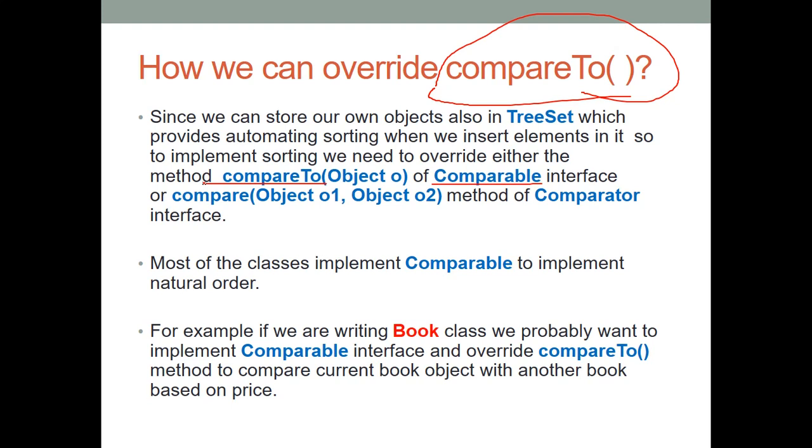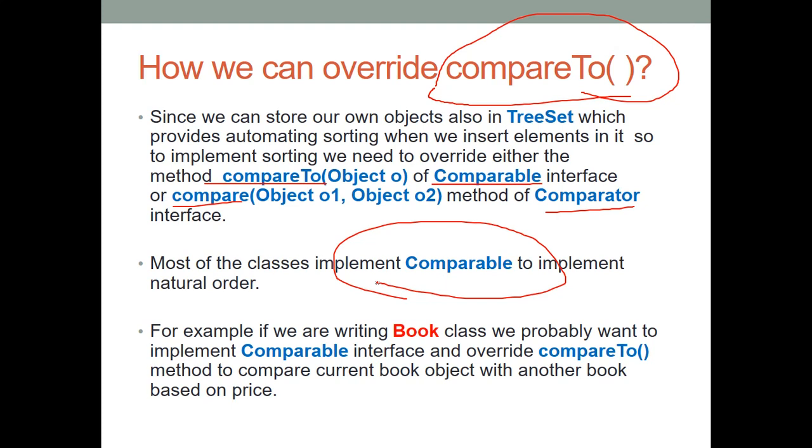In another way, we can also do this through the Comparator and its compare method. You read this one more time and understand it. I'm going to give you the details, so pause this video and read this throughout. You have two ways to sort the data in customized order.